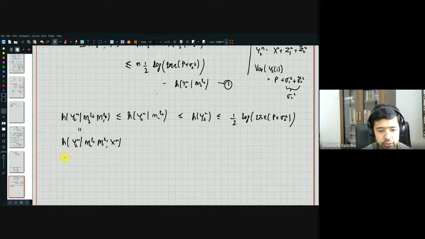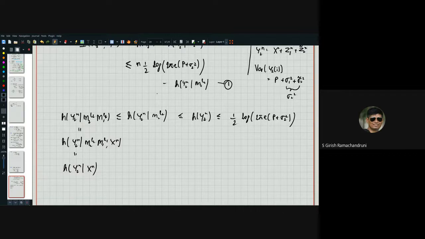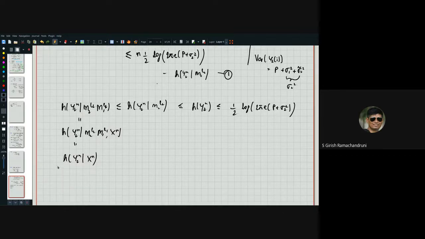Now this, I claim, is also equal to h of y2n given xn. Why is that true? Since m1 and m2 can be replaced with xn, since xn will have both the messages.